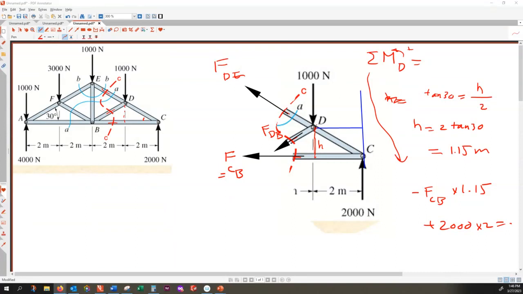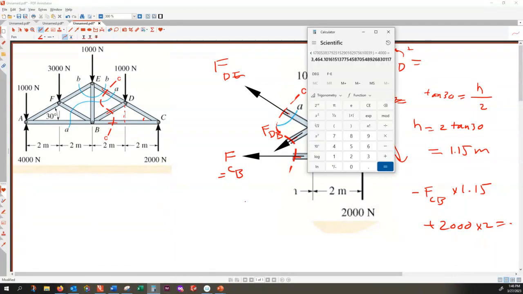Clockwise is negative. The point of rotation is D, right? All right. So then here I find FCB equal to 3464.